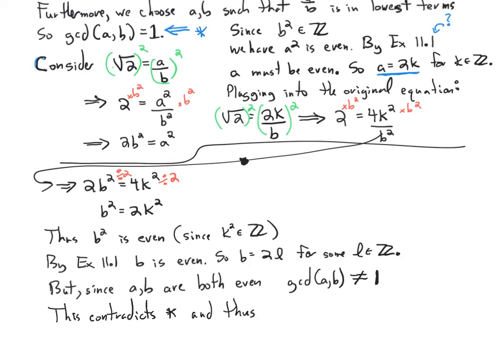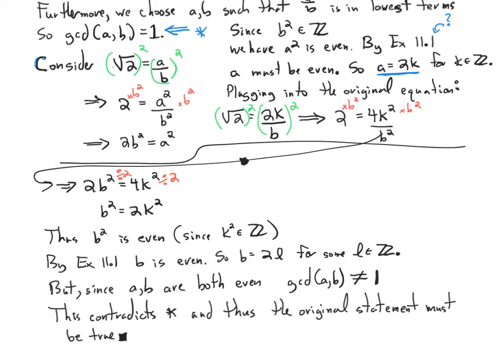That means that the original statement must be true. So that means that square root 2 cannot be written as a rational number.